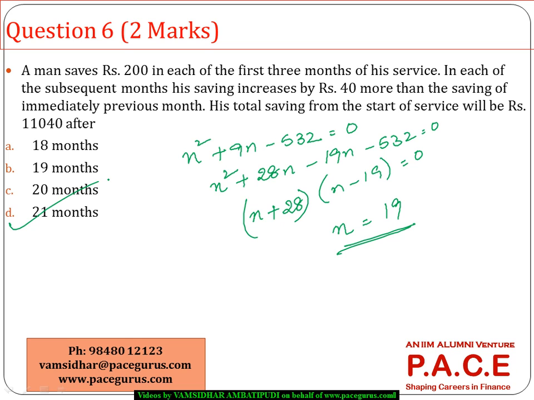So I'll go with marking 21 months as the time period for the amount to touch 11,040. So I'll be marking the option choice D as the answer in this case. Alright. So let's move on to the next question here.